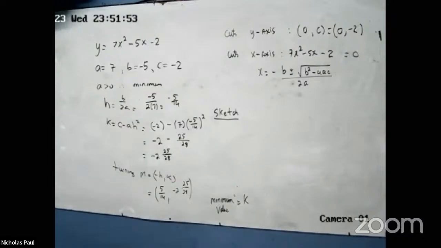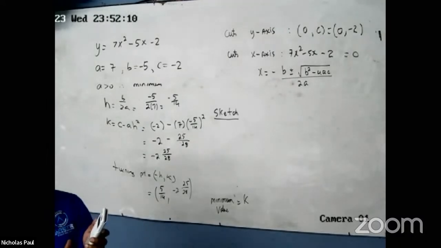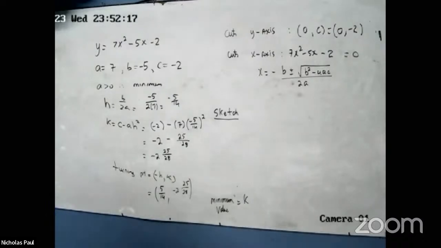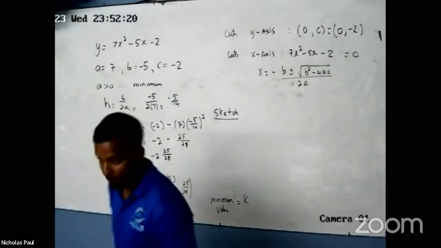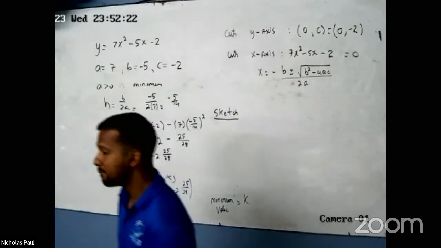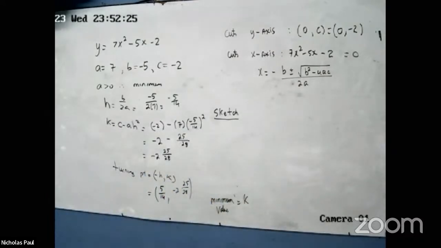For those who do it for the first time, you press mode, and then you go down to equation, which is 5. Then you go to quadratic, which is 3, and you put in A, B, and C. So that's 7 equal minus 5 equal minus 2 equal. And it gives you the answer 1 and minus 2 sevenths.